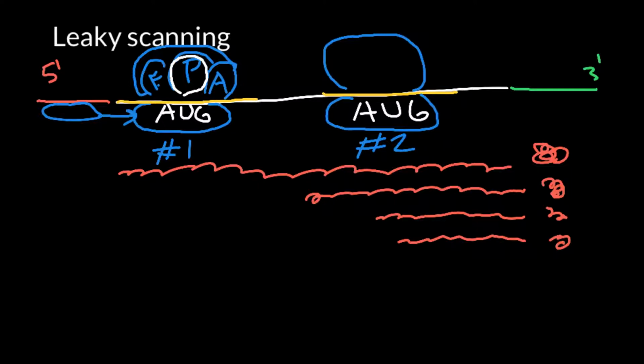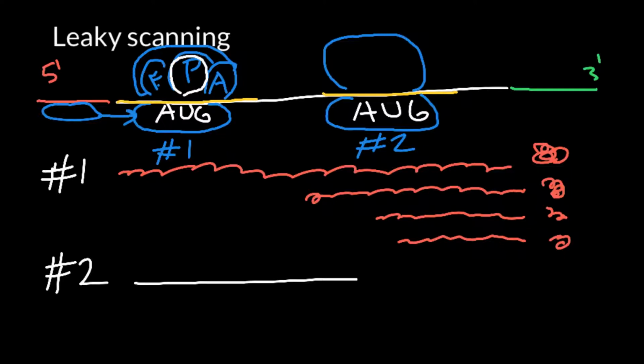But this is not the only variant. This is so-called variant number 1, and there are also other variants. Variant number 2 would be a mechanism when we would have the same messenger RNA, just like in the example above.